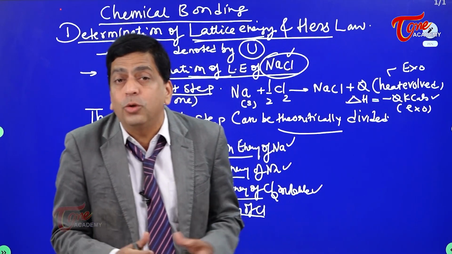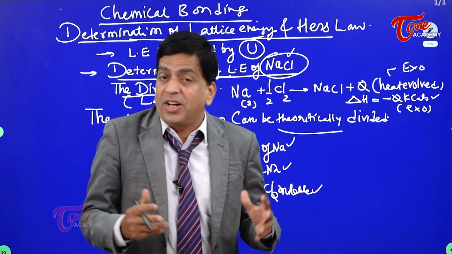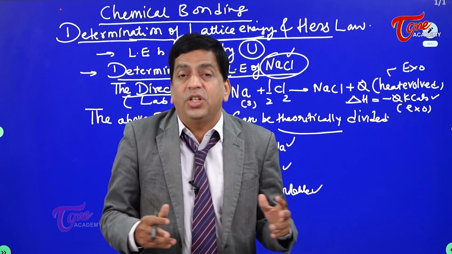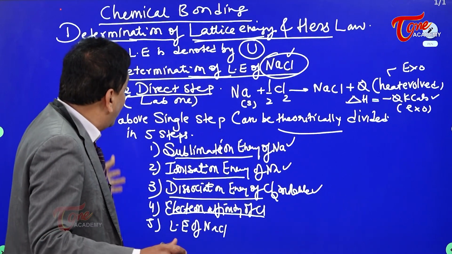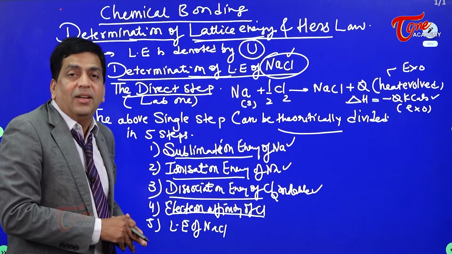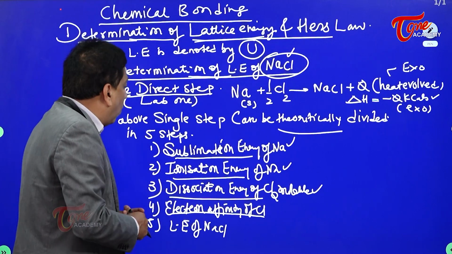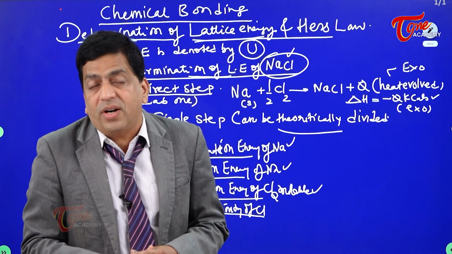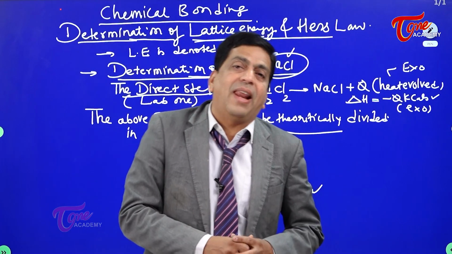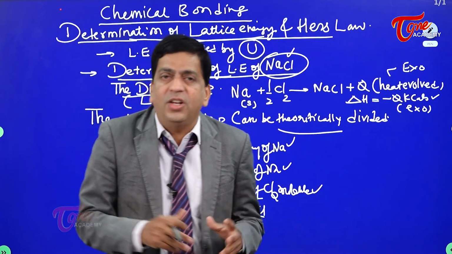You split it out into theoretical steps. As far as NaCl is concerned, your teacher was discussing huge, and it actually has 5 theoretical steps. Let us explain all these 5 theoretical steps, and then finally, don't forget that we need to determine the lattice energy of NaCl.